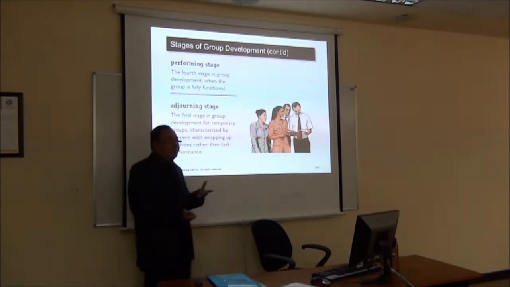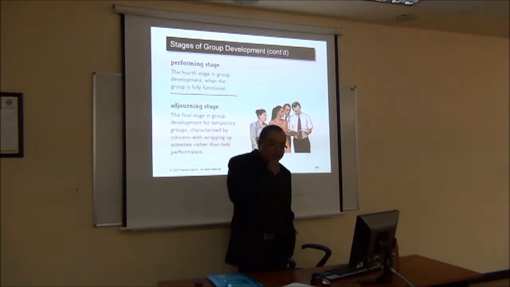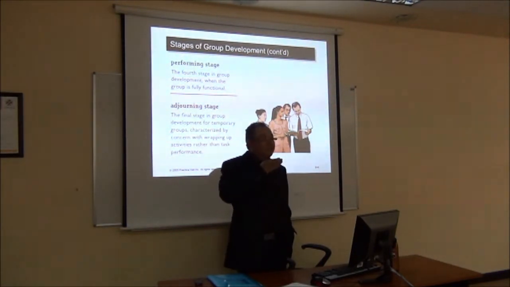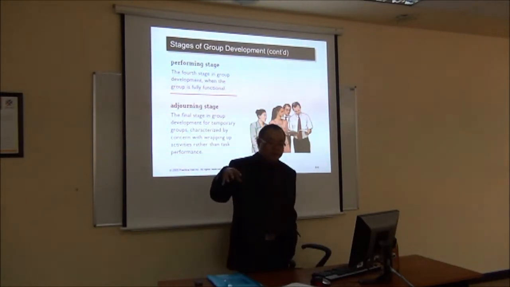So, like the project that you're all doing, the 6 weeks or slightly less than 6 weeks is probably the optimal time, because there you can see quite clearly the stages, from the forming and then to the storming.